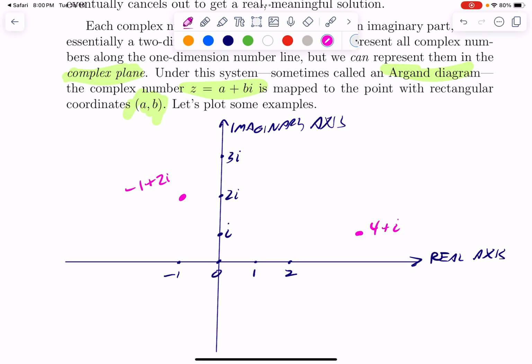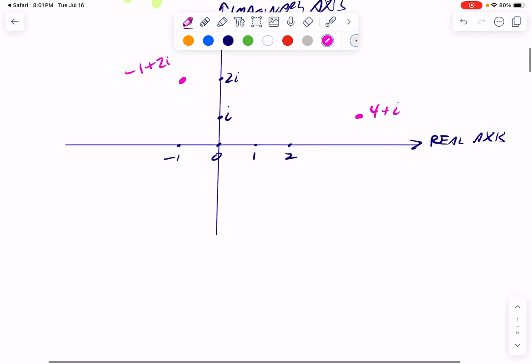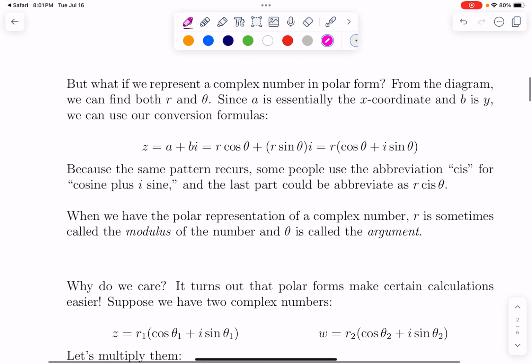So it's really just representing these numbers as though they are points because they feel very two-dimensional. And it gives us, on the one hand, just a sense of when complex numbers are close to each other, but we're about to see something even more convenient. It turns out it will be super helpful if we can represent a complex number in polar form.